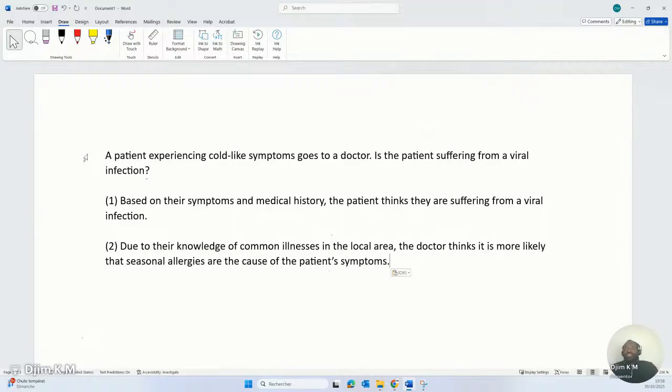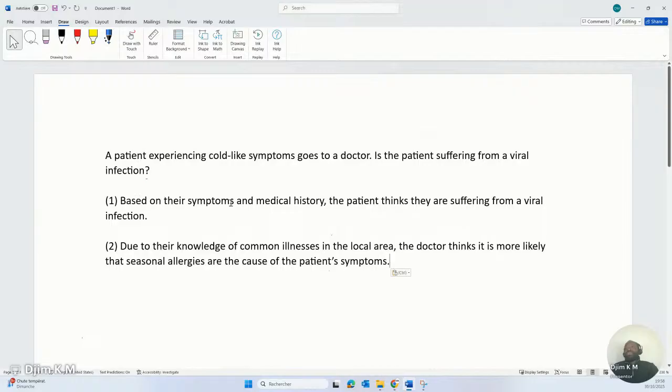Is the patient suffering from a viral infection? So the first condition says, based on their symptoms and medical history, the patient thinks they are suffering from a viral infection.